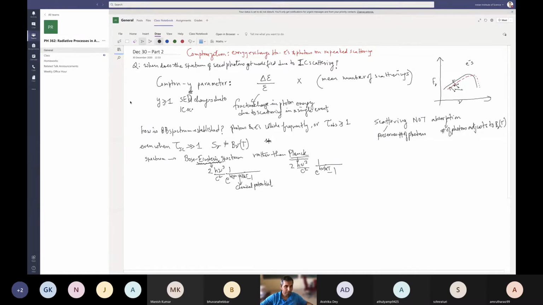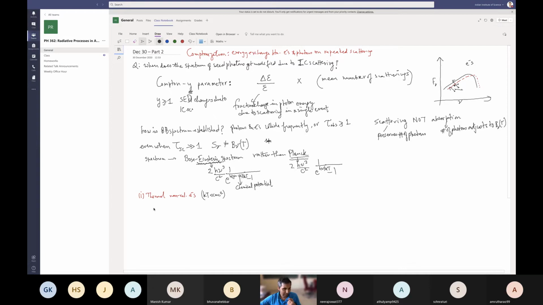Let's consider first the case of thermal non-relativistic electrons. Thermal non-relativistic electrons means that the electrons have a Maxwell-Boltzmann distribution, and their kT is much less than mc squared. So this is non-relativistic.